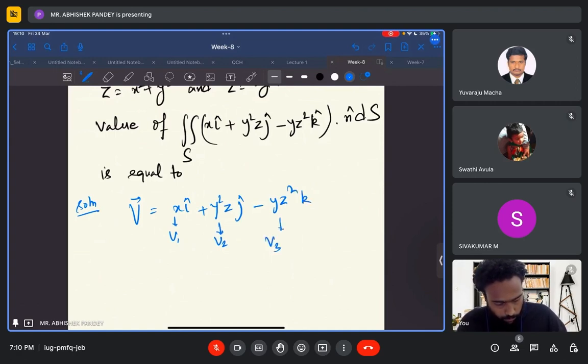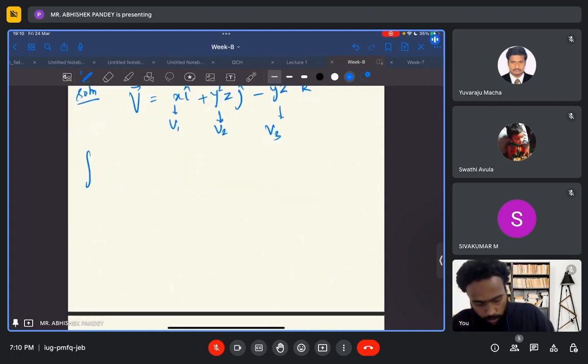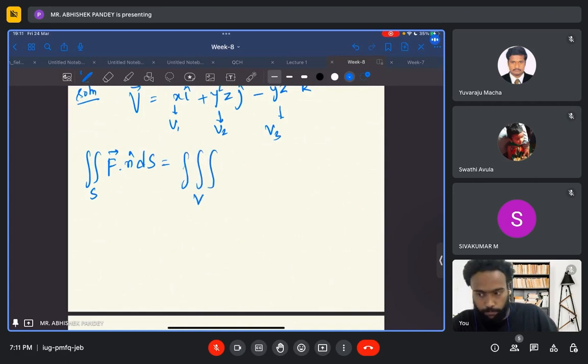We just have to apply the formula: the double integral over S of F dot n cap dS is the volume integral of divergence of F dv.